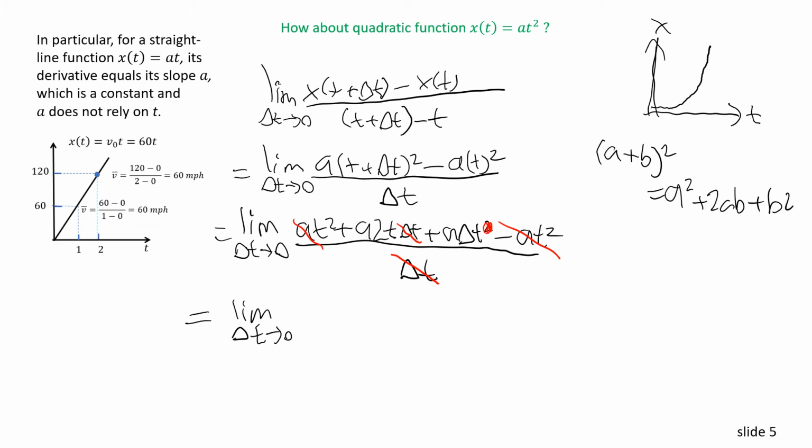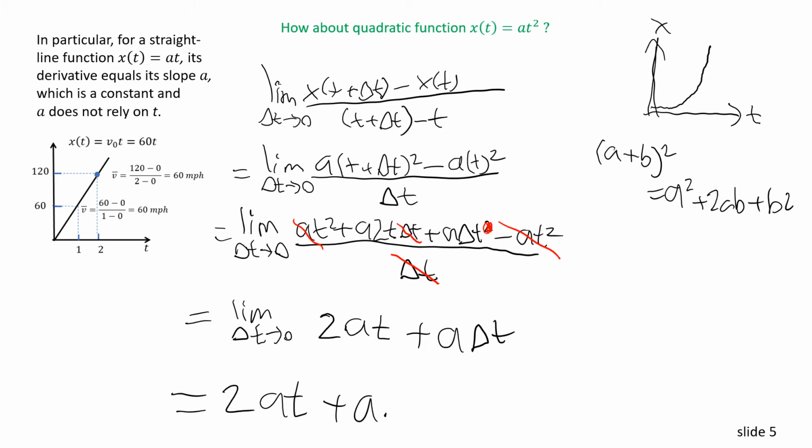So for here, our final answer is 2 times a times t plus a times delta t. And then when we let delta t approach 0, we get 2at plus a times 0, and a times 0 is 0. This is gone. So our final answer is 2at. There we go.